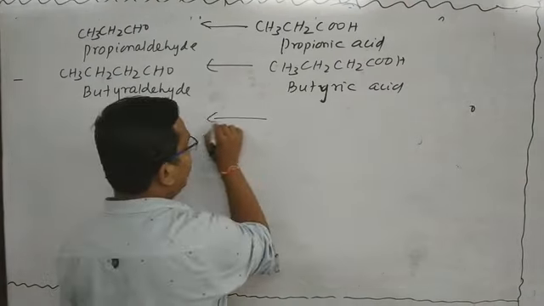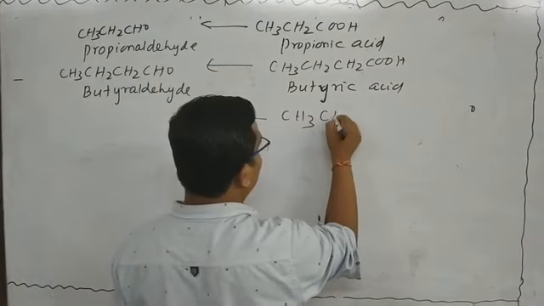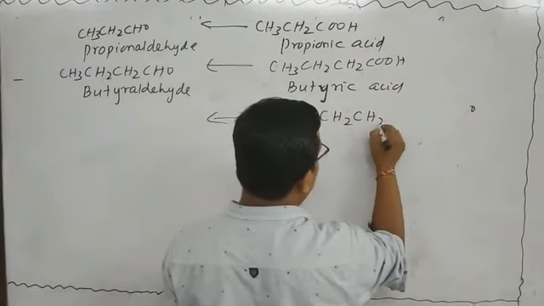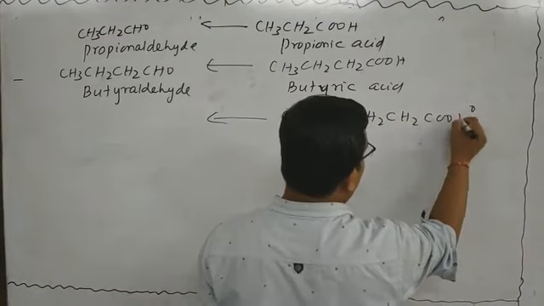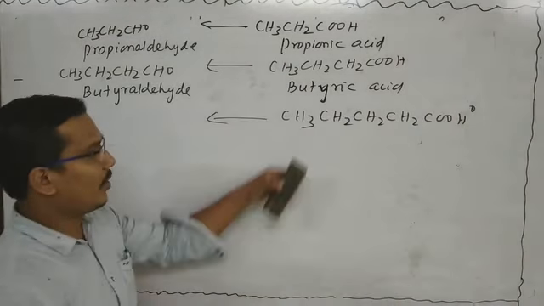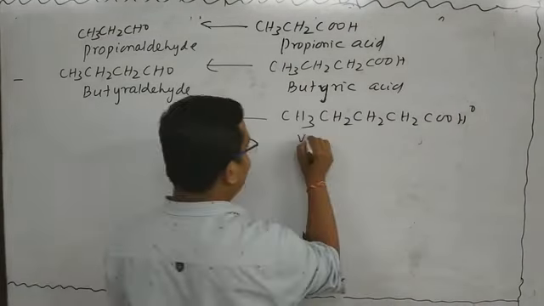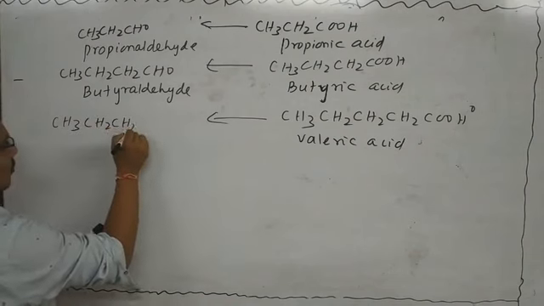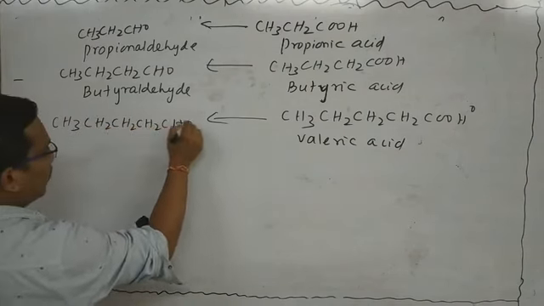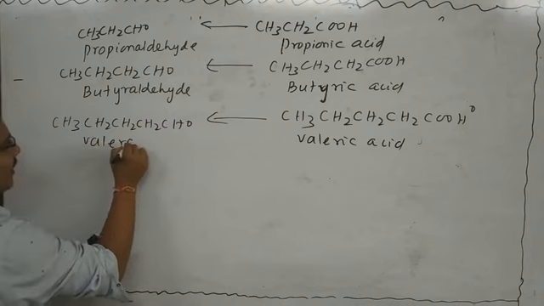Like that, think about another carboxylic acid, CH3CH2CH2CH2COOH. The name of this compound is valeric acid, and the corresponding aldehyde, CH3CH2CH2CH2CHO, is valeraldehyde.